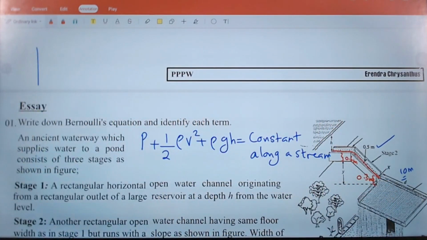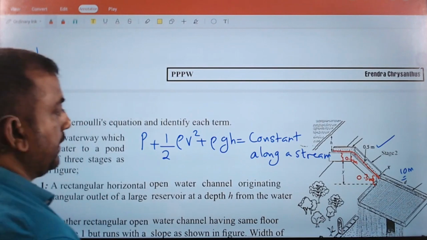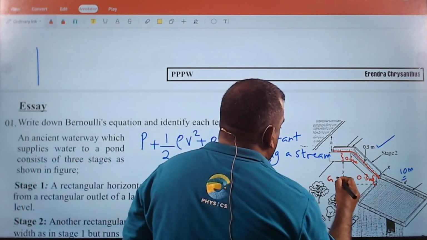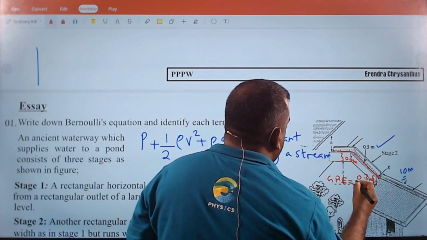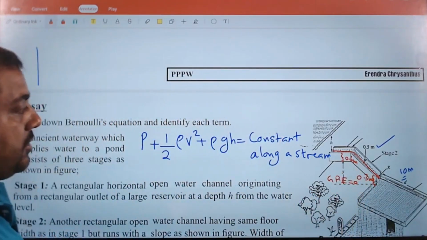So one is 0.6, the other is 0.3. We can take this as Gp equal 0.9.